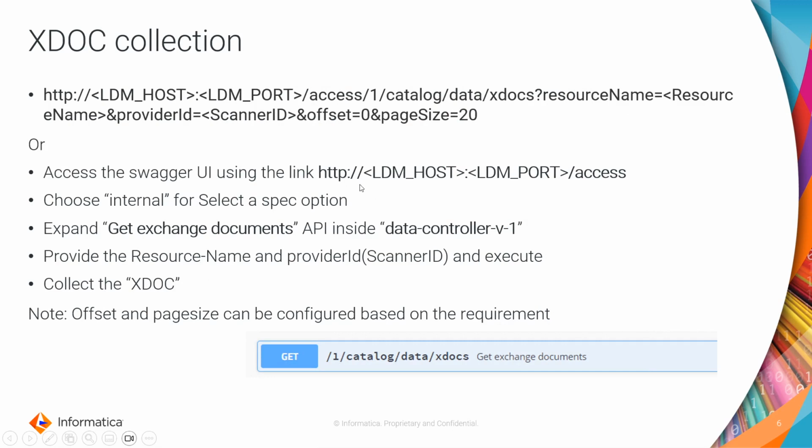Or we can use the Swagger UI, which is LDM host, port, and access. We select the spec as internal, and under the data controller version 1 section we have get exchange documents, like this. We provide the resource name and the provider ID, and when we execute we can collect the XDOCs in JSON format.